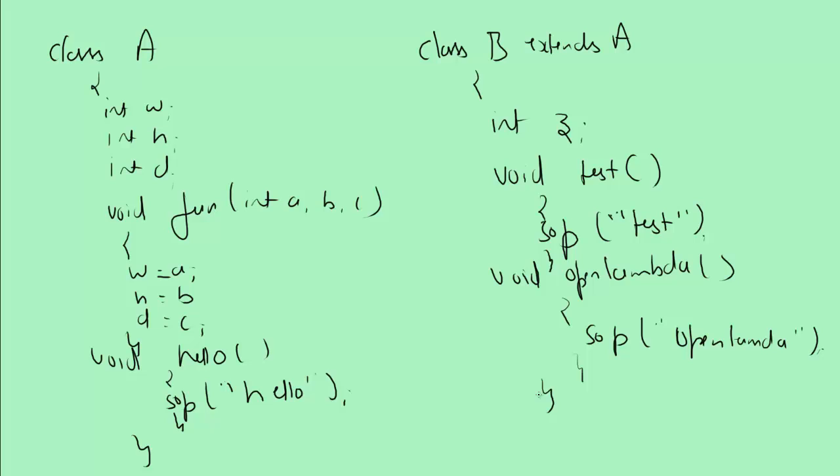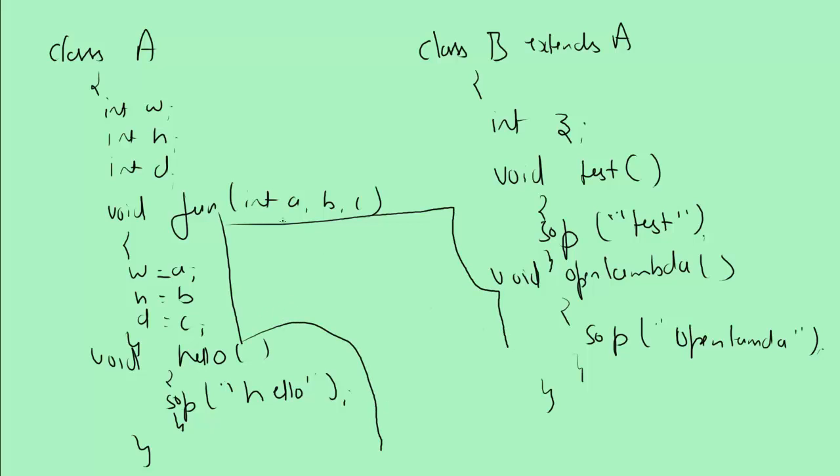Clear with this? Now, if I want to work with this class, how would I work with it? Inside this, I will just draw a partition so that you people can understand.